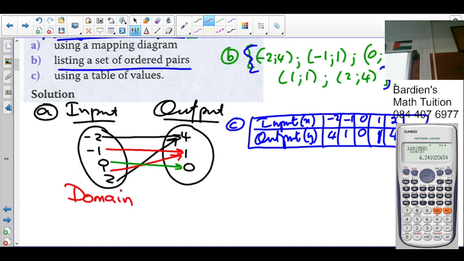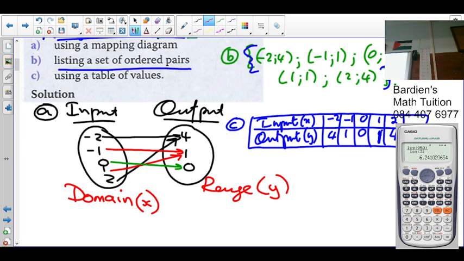Whenever we talk about domain in a function, it is referring to the input, the x values. Whereas the range is all possible y values, or your output values.